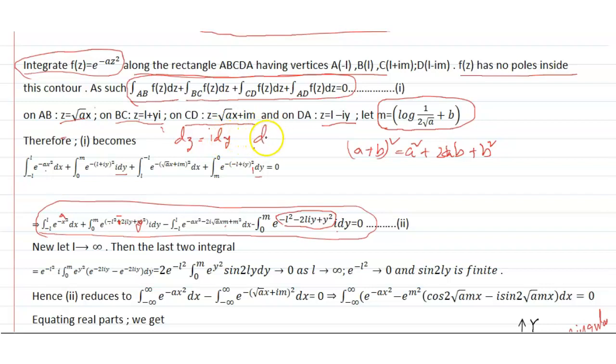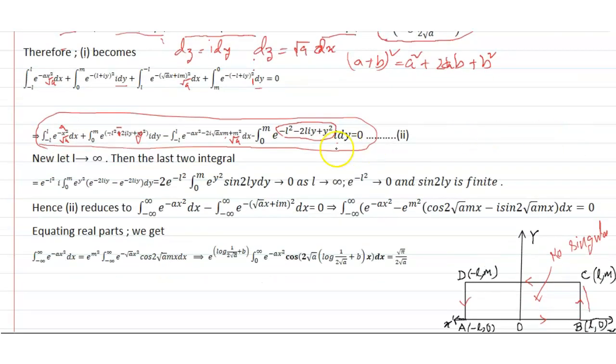And dz equals root a dx, in here root a dx. This is the way I get dz equal to root a dx, and it is i dy.